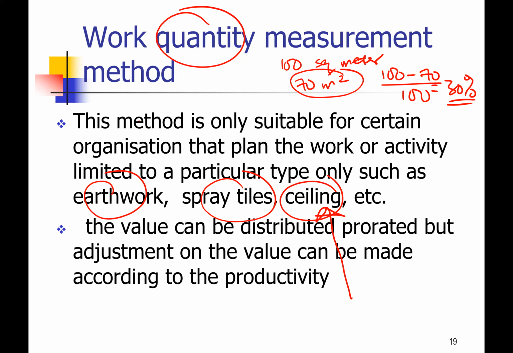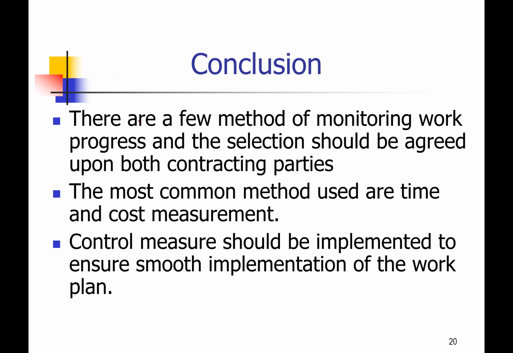Quality control is one subject by itself. Even safety control is one subject by itself, so I do not want to go into that. So in conclusion, there are a few methods of monitoring work, such as meetings, etc., and you can select which one is best suited to you.